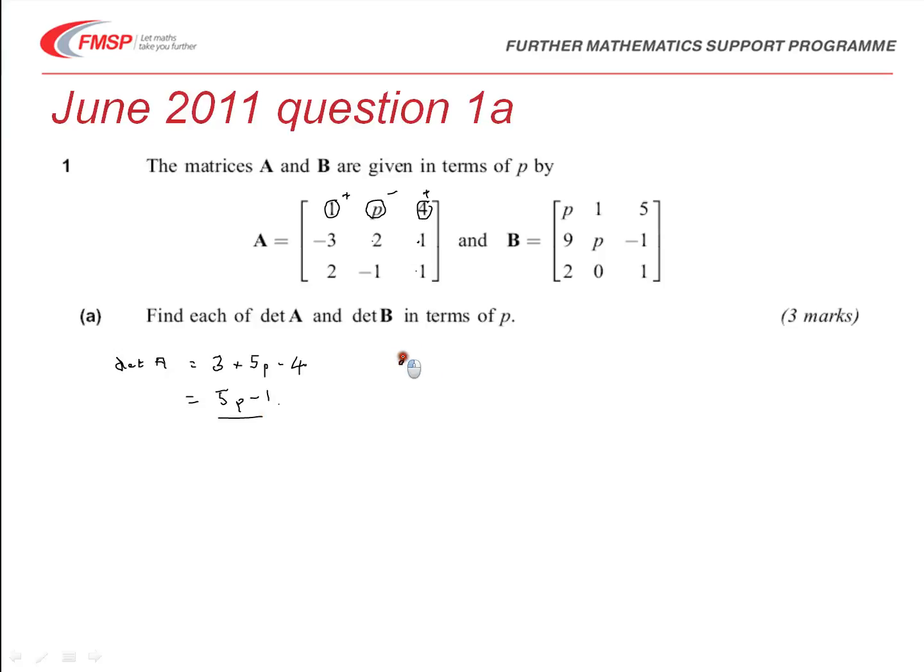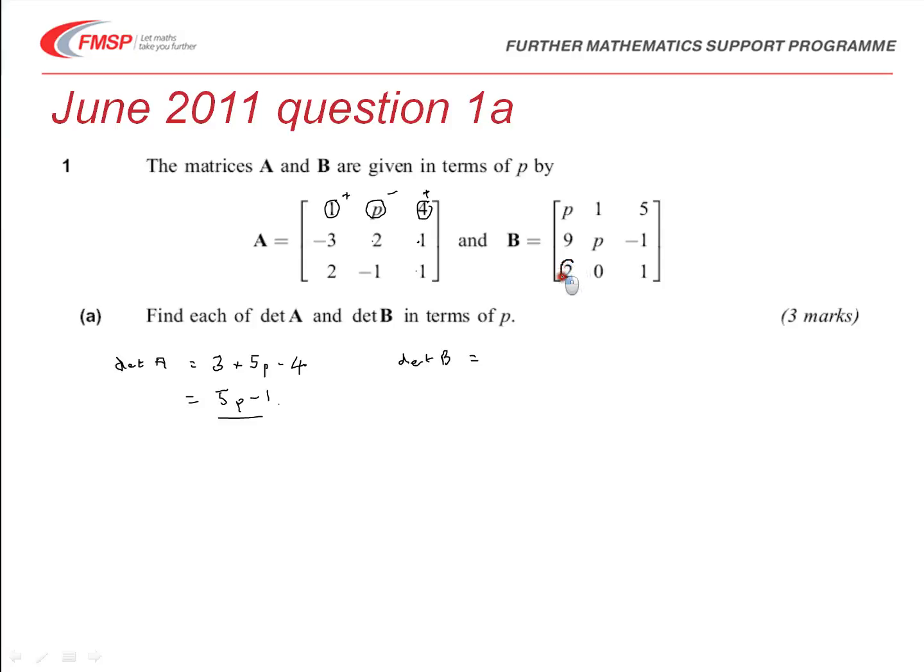Similarly now, if we do the determinant of B, again it's a case of deciding which row or column to use. And in this particular case, since p is occurring twice, it would seem to make more sense to use the bottom row to expand.